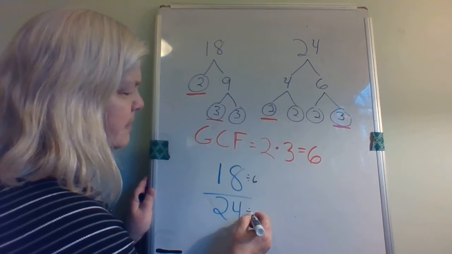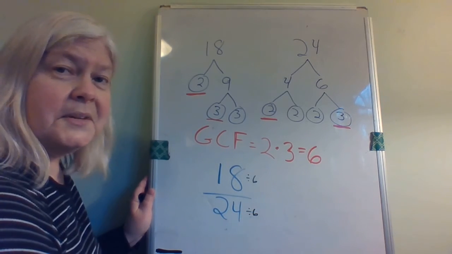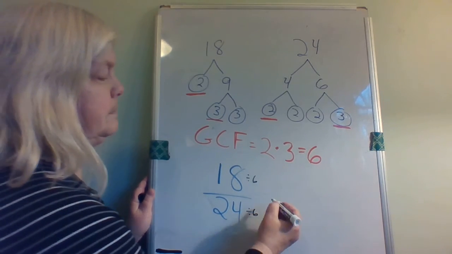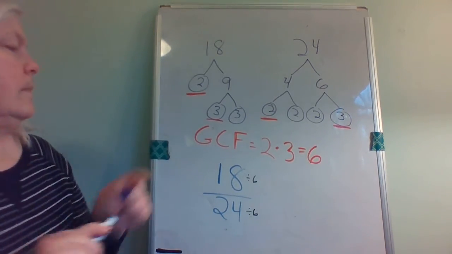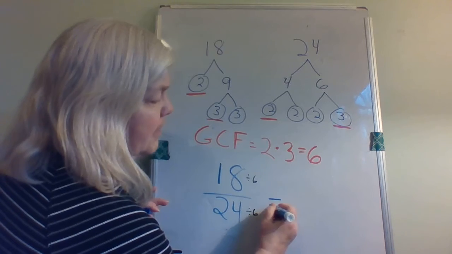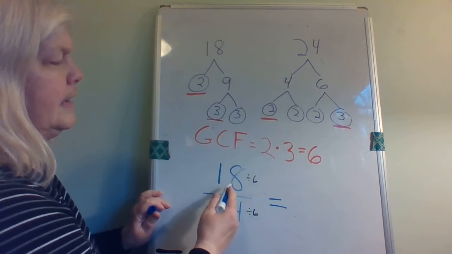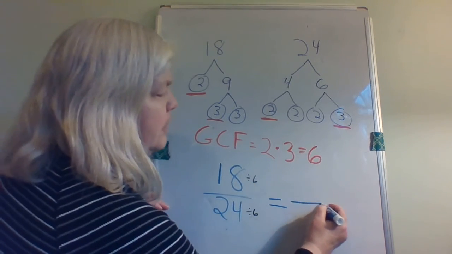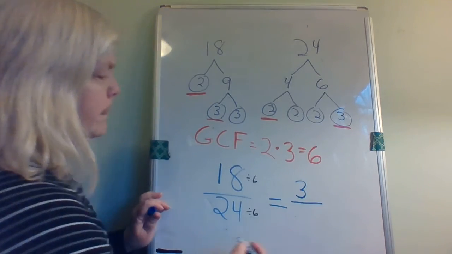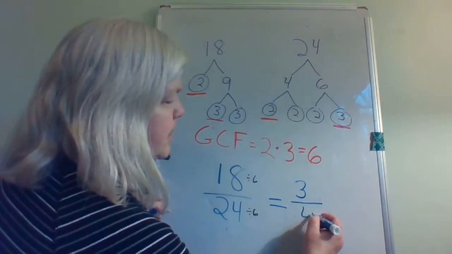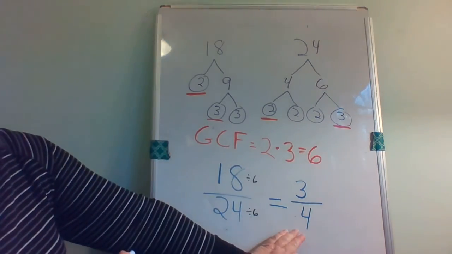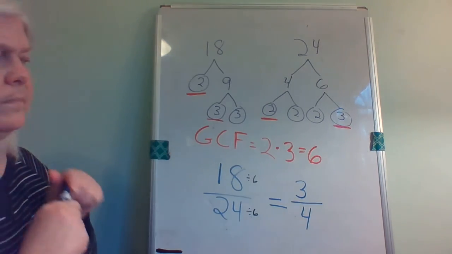Whatever I do to the top, we have to do to the bottom to keep them equivalent. Write an equal sign because they are going to be equivalent. 18 divided by 6 in the numerator would give me 3. And 24 divided by 6 in the denominator gives me 4. That is my simplified fraction.